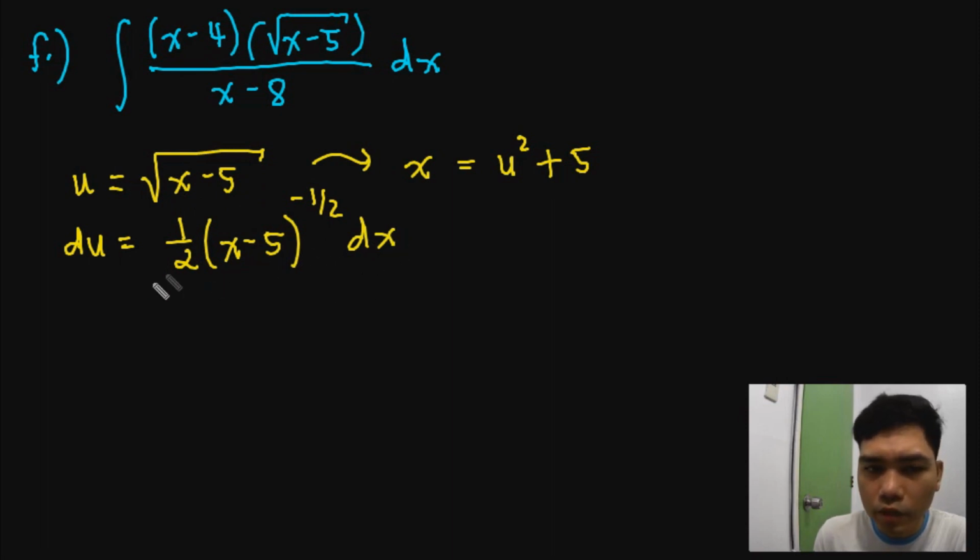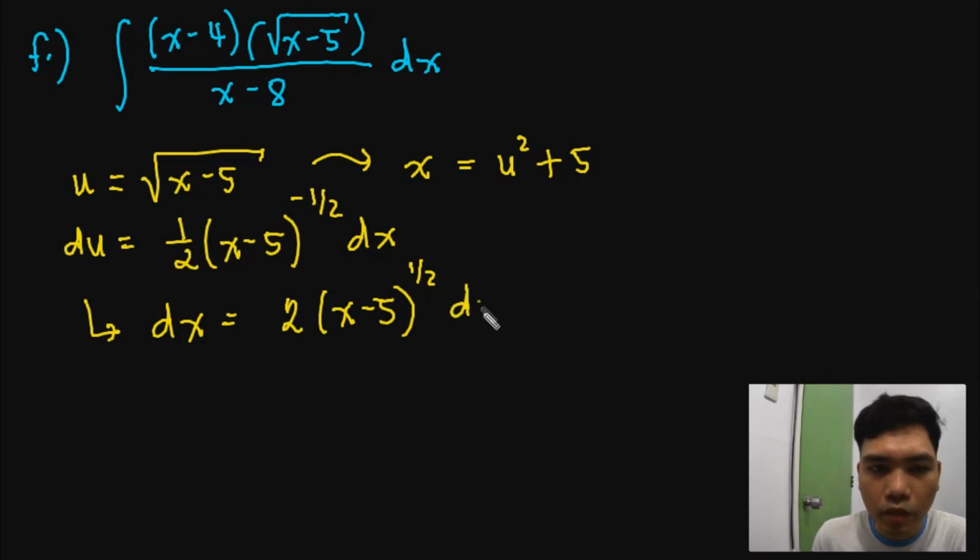And from this expression, this is the tricky part here. If you want to simplify, dx would be 2 multiplied by x minus 5 raised to 1 half, and of course that will be du. So this is your expression in terms of du, but it still has this x and we just need this dx.